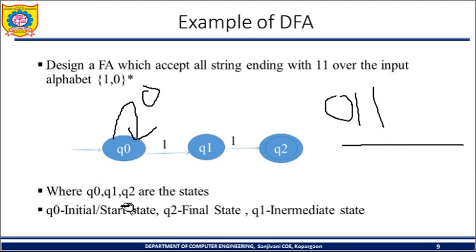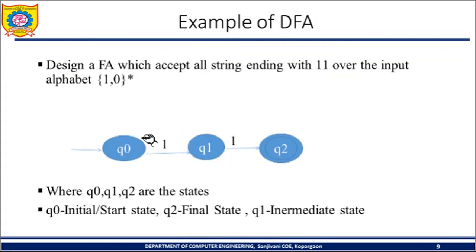If instead we give 0 for the next state, then the string will end with 0 and 1. That's wrong, because we are designing the DFA for 1 1 and here it ends with 0 1. So it should stay in the same state instead of moving to the next state.